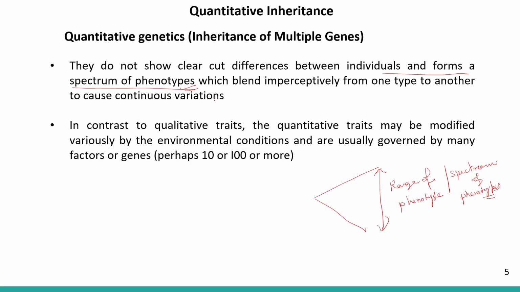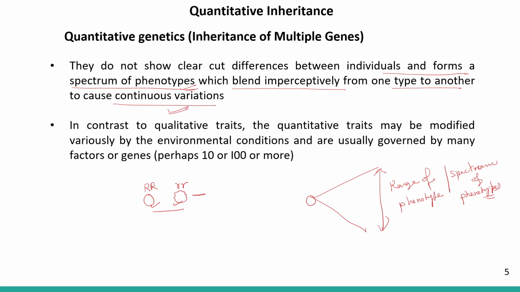They do not show the clear-cut difference seen in the qualitative case, capital R, small r, where there is a clear-cut phenotypic difference, round versus wrinkled. Round is totally different from wrinkled. But in this case there is no such clear-cut difference, and the phenotypes blend imperceptibly from one type to another to cause a continuous variation.